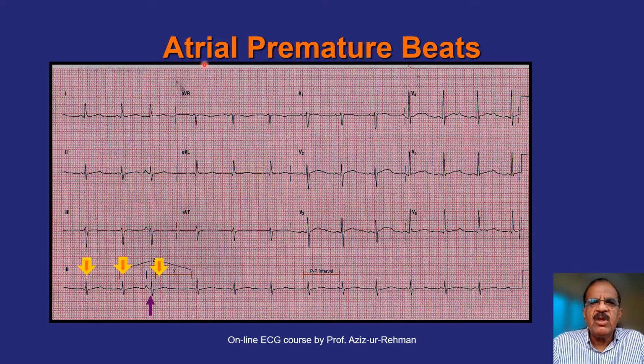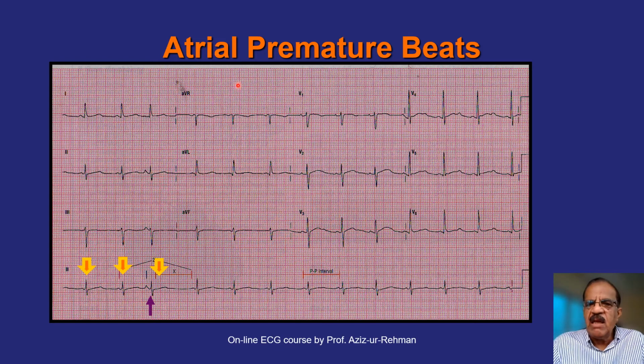So what is the diagnosis? It is actually an atrial premature beat. Why do I say premature? Because it has come earlier than the expected time. Why do I say it is atrial? Because its morphology, the ventricular depolarization, is exactly the same as sinus beats.